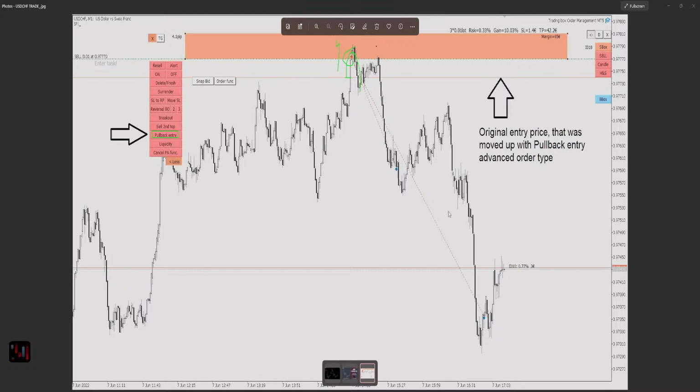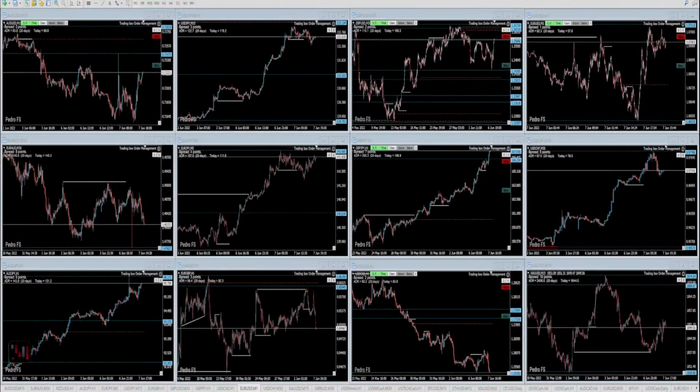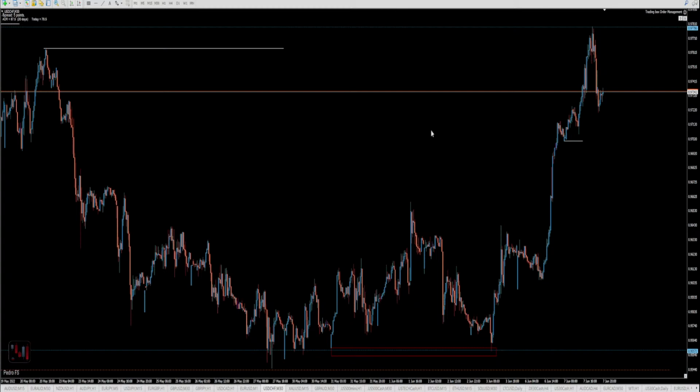Yeah, the last trade. Let's take a look actually. So at the main chart, where we have dollar franc Swiss, it was this one. Let me just do this first.